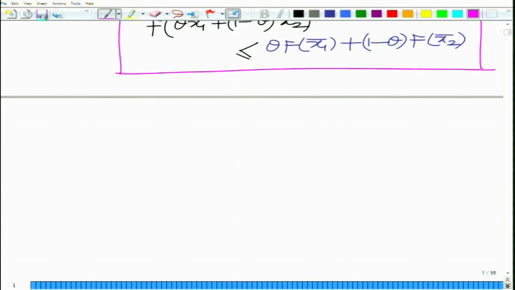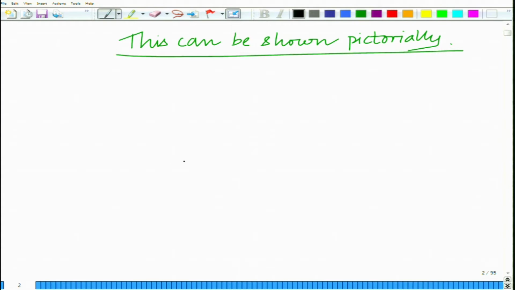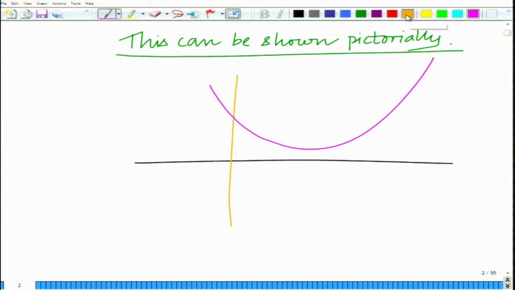This can be represented pictorially as follows. To better understand this, look at the following picture. I am just going to draw a diagram that will better illustrate this. So, let us say we have a function that looks like this. Let us take 2 points, and let us join them.